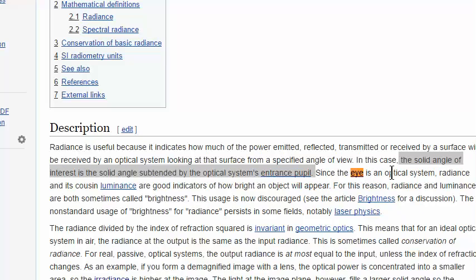So since the eye is an optical system, radiance and its cousin luminance are good indicators of how bright an object will appear. For this reason, radiance and luminance are sometimes called brightness. This usage is now discouraged. The non-standard usage of brightness for radiance persists in some fields, most notably laser physics.